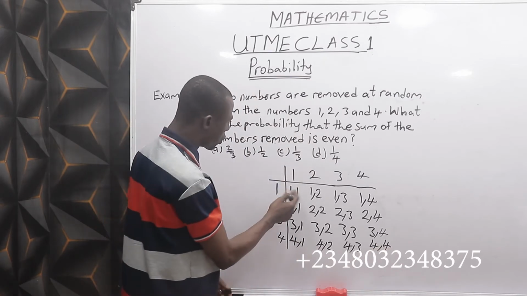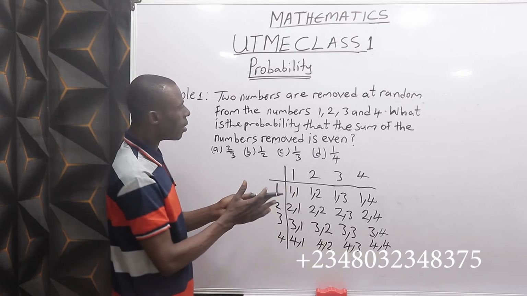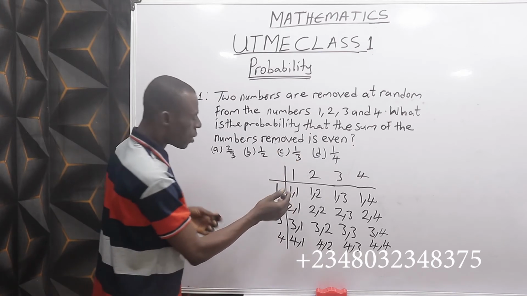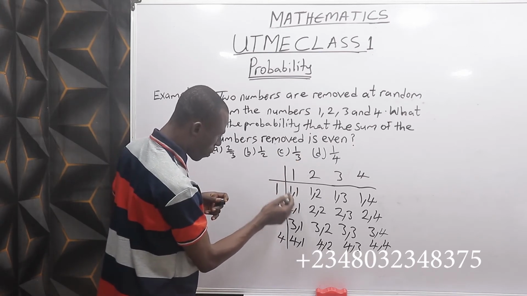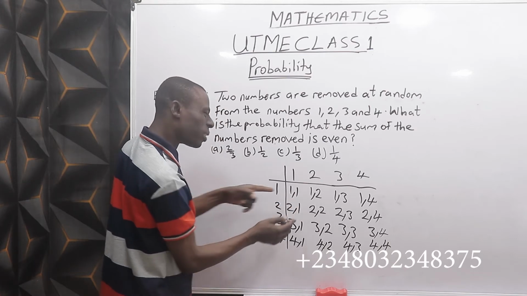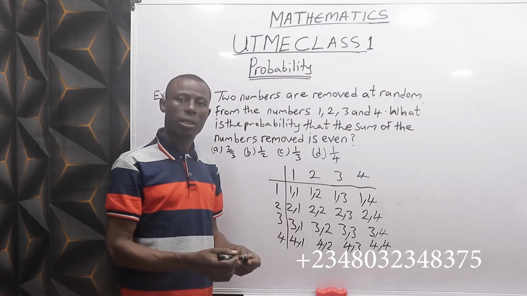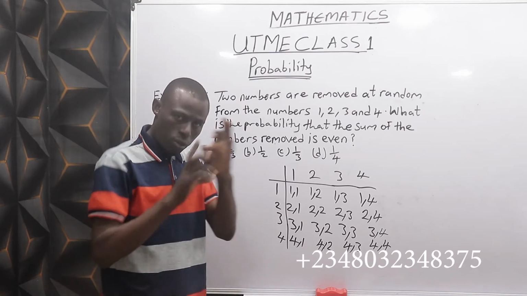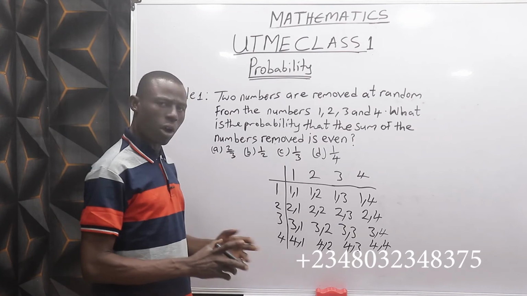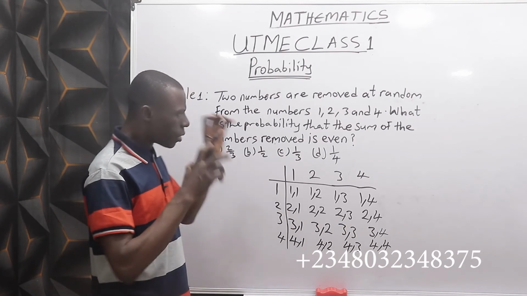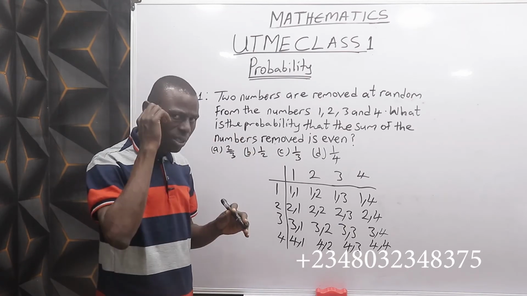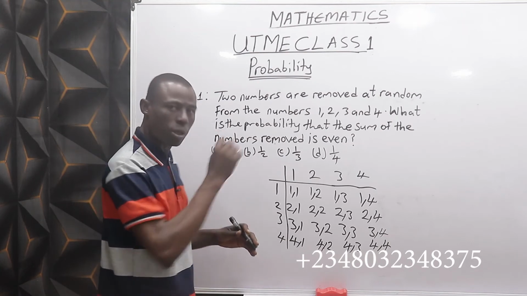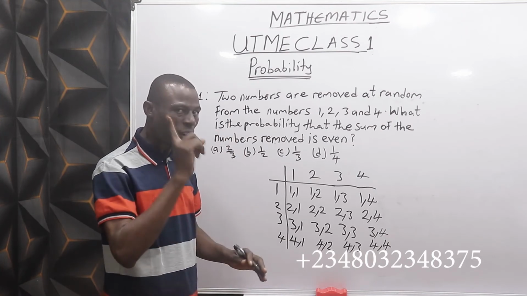So what do we mean? Where do we have the sum of the two numbers being even? The sum of two numbers here is even, 1 plus 1. But according to the question, the two numbers must be two different numbers, not two same numbers. Though it is not said in the question, common sense dictates that the two numbers being referred to here are not the same.